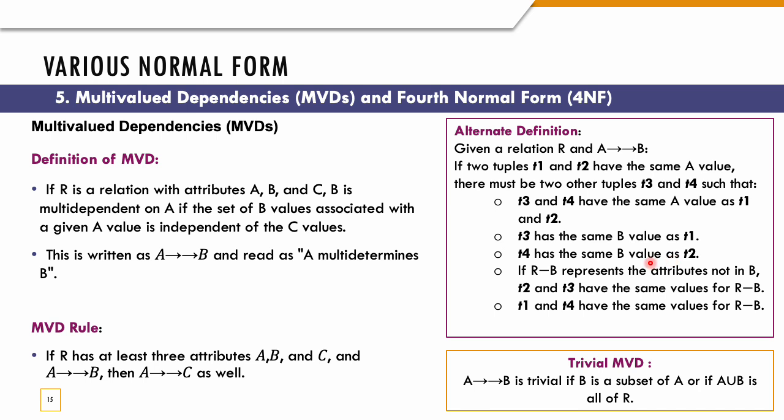For the attributes not in B, referred to as R minus B, T2 and T3 should share the same values, and T1 and T4 should also share the same values for R minus B. This means that the B values can pair with any of the C values independently within the same A values.